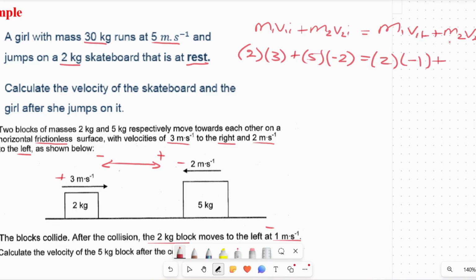Then we substitute the mass of number 2, it's 5 kilogram. The velocity we don't know, so I'm just going to call this VF. So when you calculate, this is going to be 6, then this is going to be minus 10, equal to negative 2, then plus 5 VF.